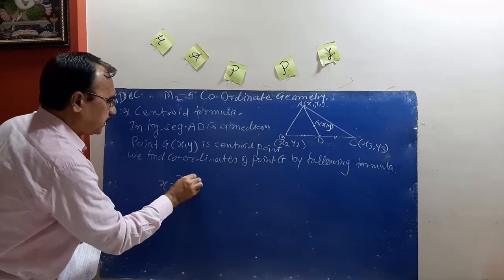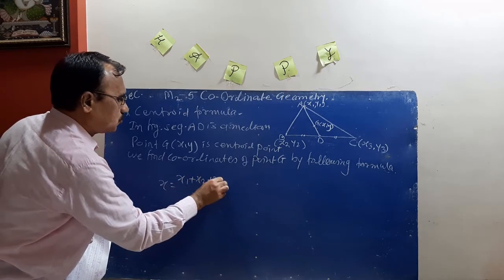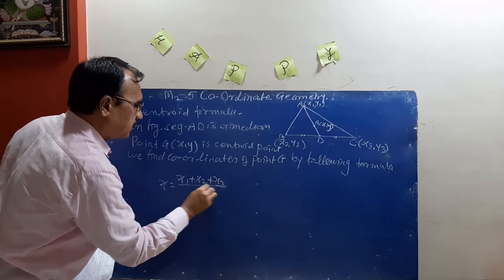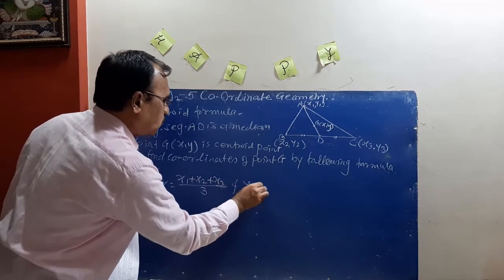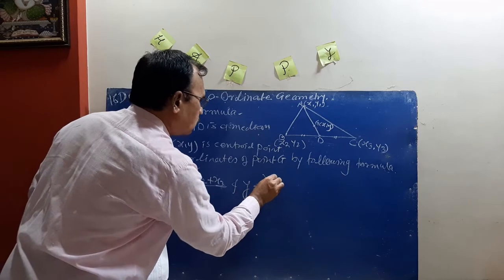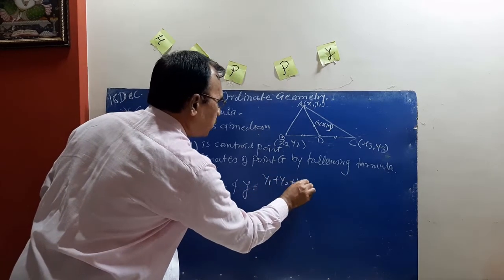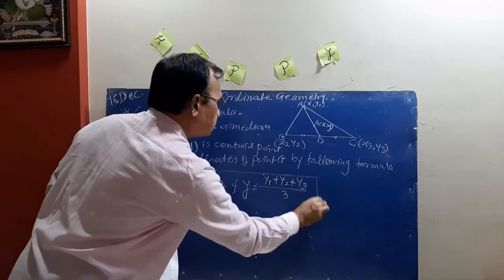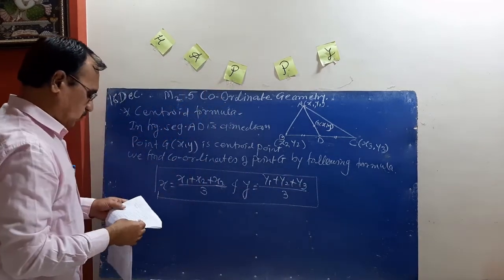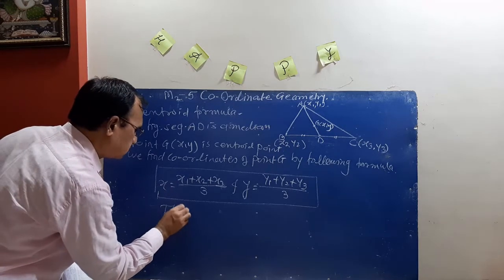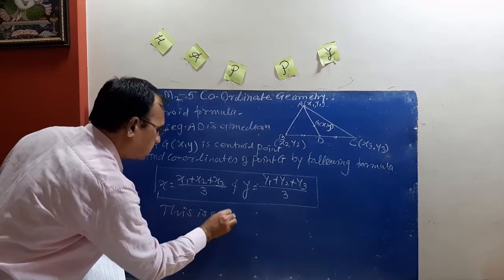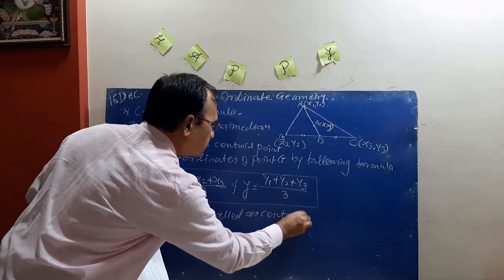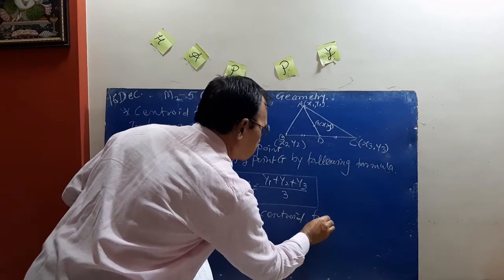X is equal to x1 plus x2 plus x3 divided by 3, and y is equal to y1 plus y2 plus y3 divided by 3. This is called the centroid formula.